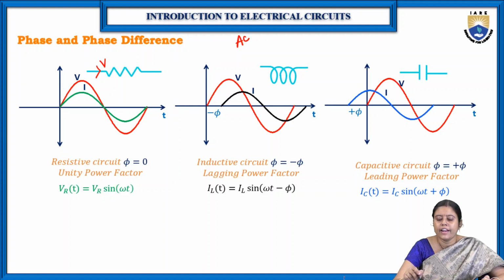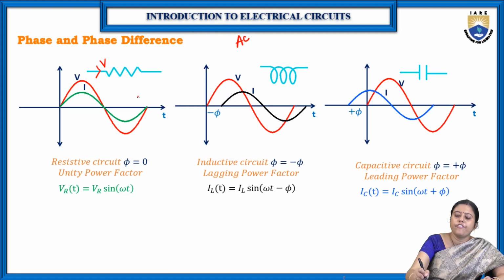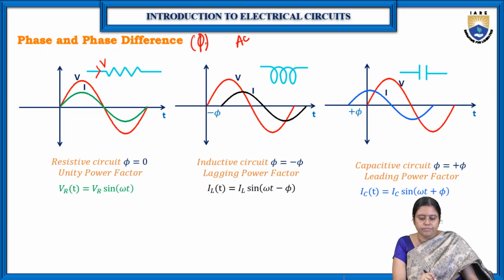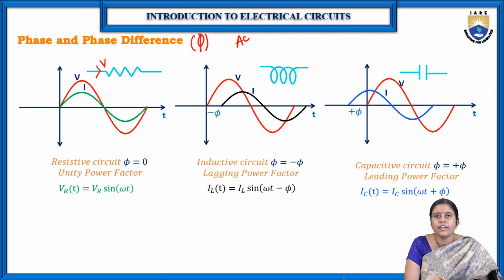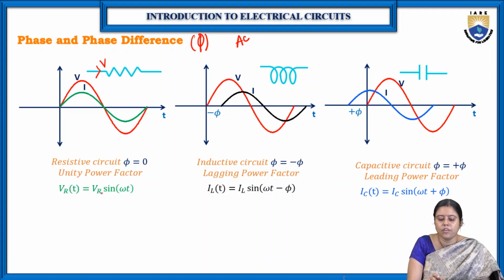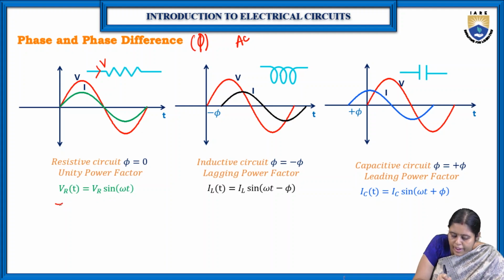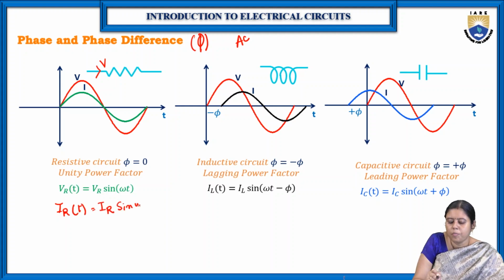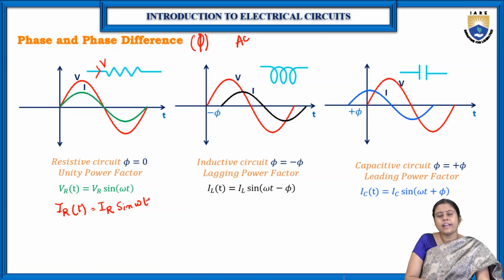So when the voltage is applied across the resistor, what is happening? The voltage and current are both in phase. The phase difference we write with the angle phi. If VR is Vm sin omega t, then IR will also be Im sin omega t. So there is no phase change.